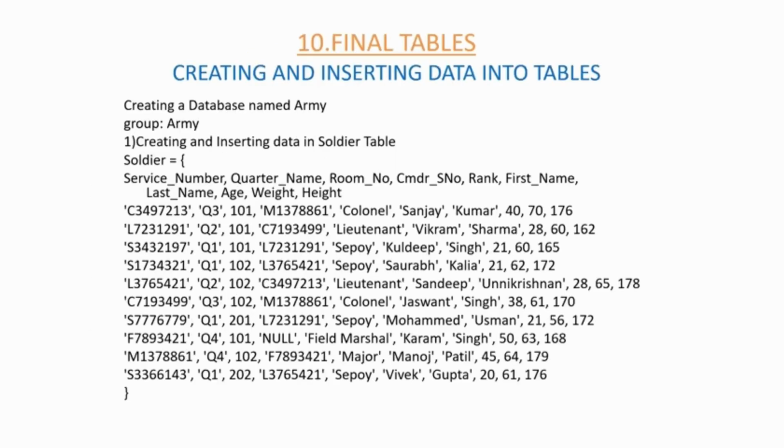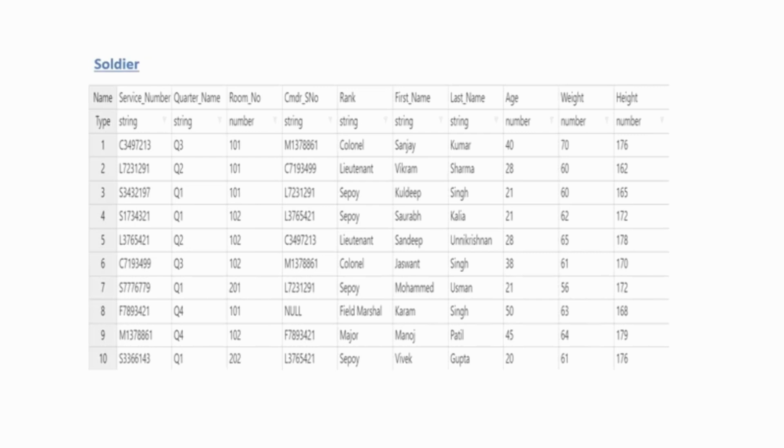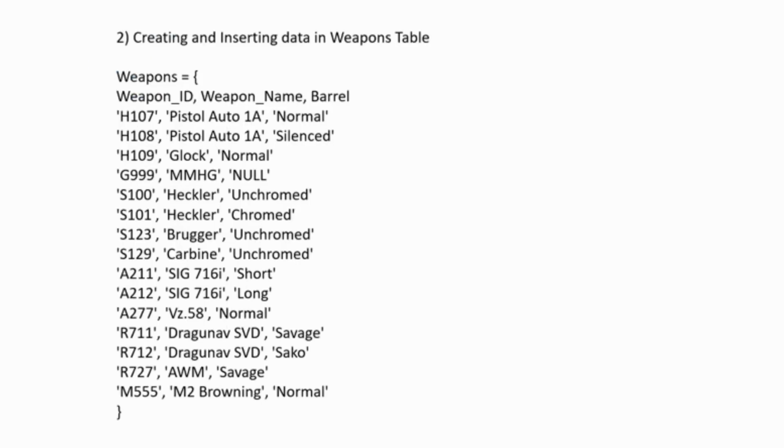Now we will write the code for creating these schemas. I have taken some random data values to fill the table. First, we create the soldier table. Then we create the weapons table.